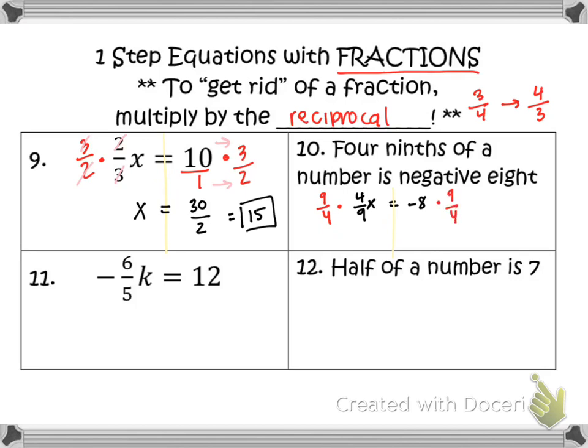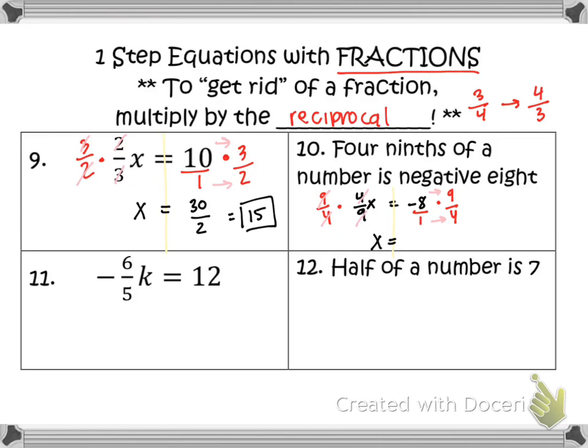I like to put the whole number over 1. So on the left side, 9's cancel and the 4's cancel. I'm left with x. On the right side, again, I'm just going to multiply straight across.